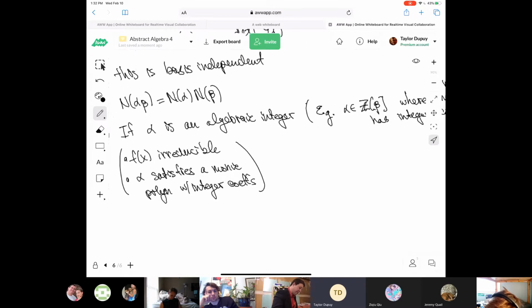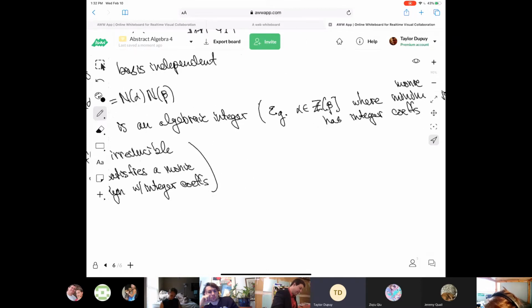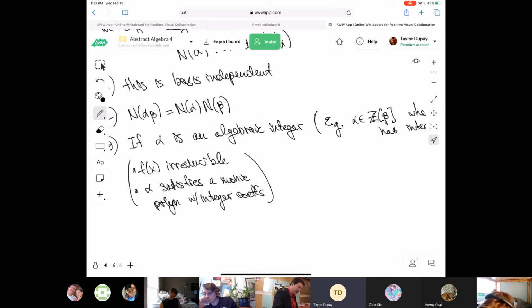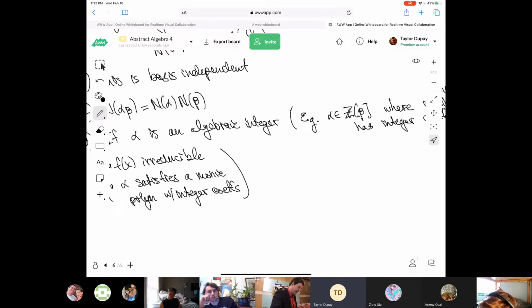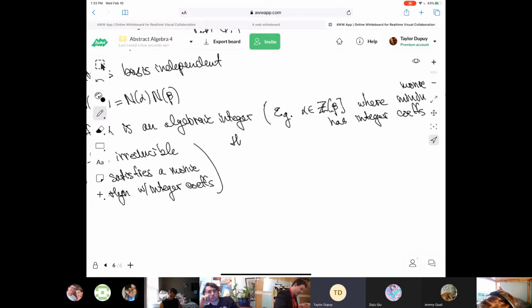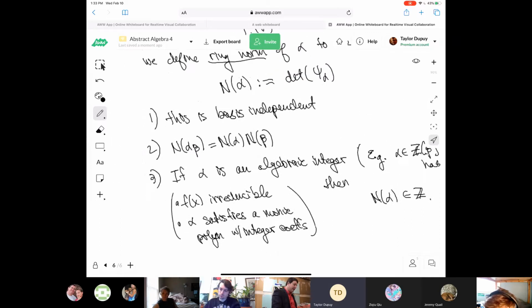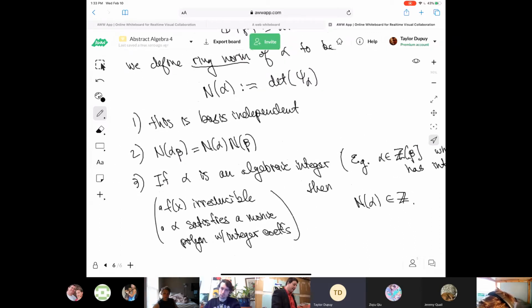Let's see, is that quite right? Okay, so I had to say a bunch of words here. So if alpha is an algebraic integer, I gave you lots of examples and the exact definition, then N(alpha) is an integer.